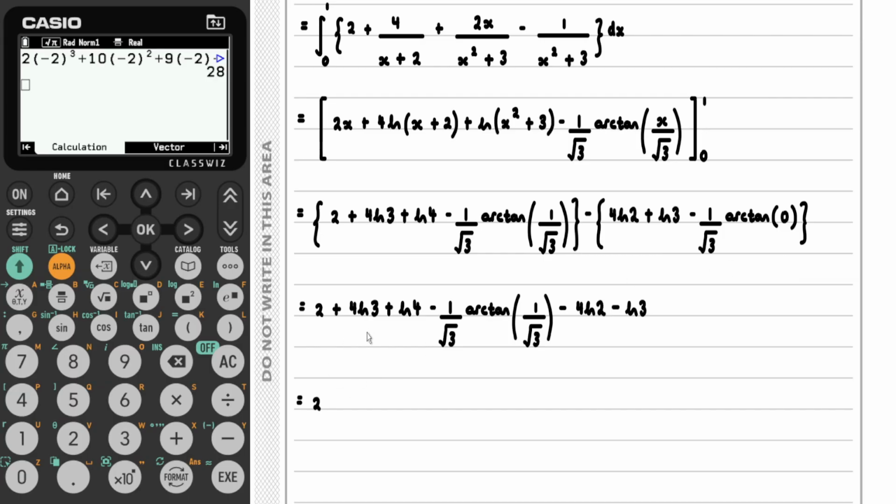So we've got 2 plus 4 times the natural log of 3, and this natural log of 4 I'm going to rewrite as the natural log of 2 squared. And then we've got negative 1 over root 3 times the arctangent of 1 over root 3. Now that's equal to pi over 6, and then we subtract from this 4 times the natural log of 2, and we also subtract the natural log of 3.